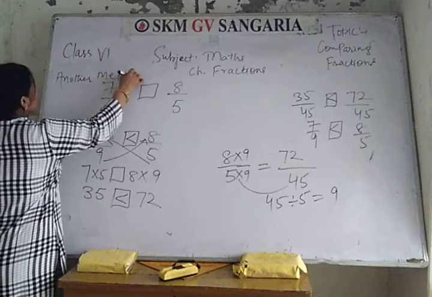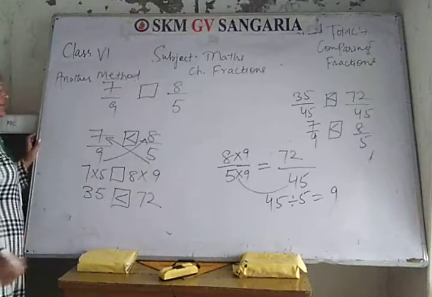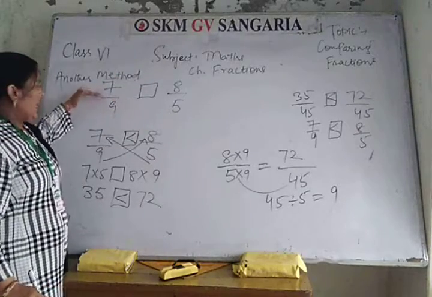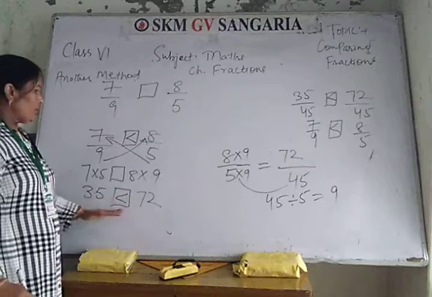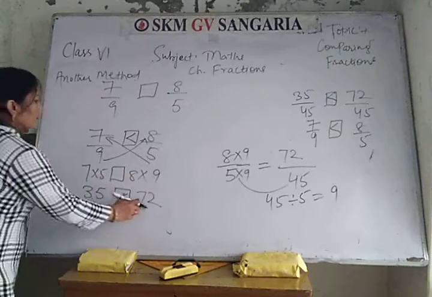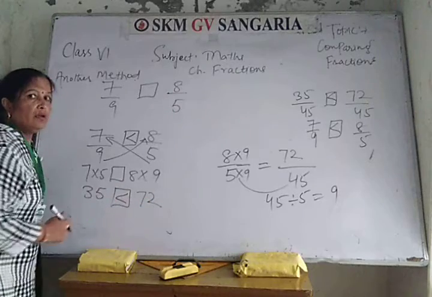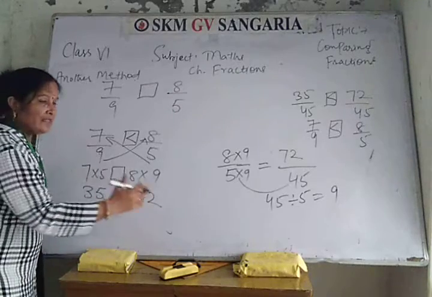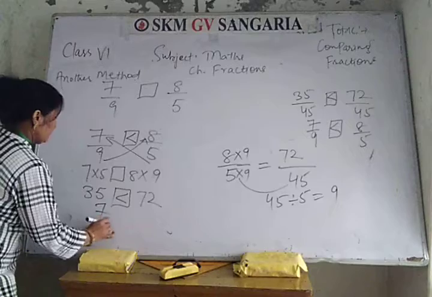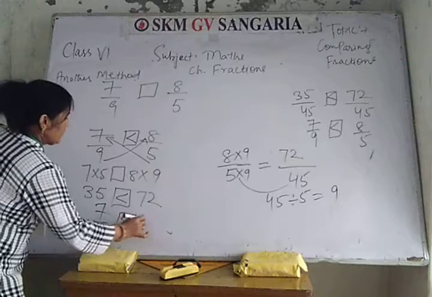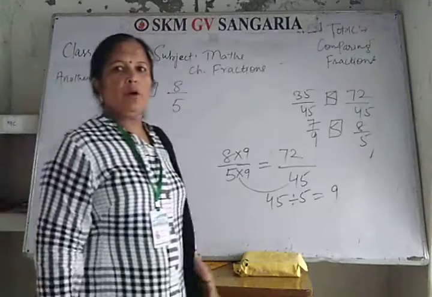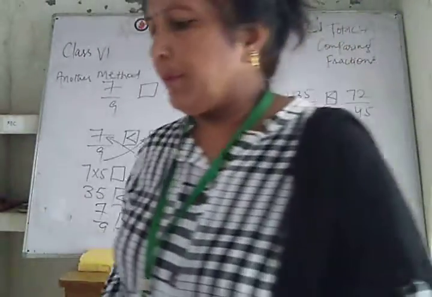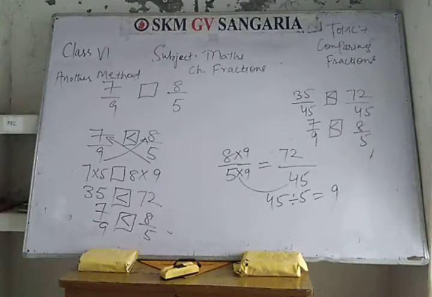This is a very short and simple method to compare fractions. Just cross multiply and compare both of the numbers, which is greater. 72 is greater. Put the mark toward that side. So naturally 7 upon 9 will be less than 8 upon 5. In this way, you will compare the fractions.